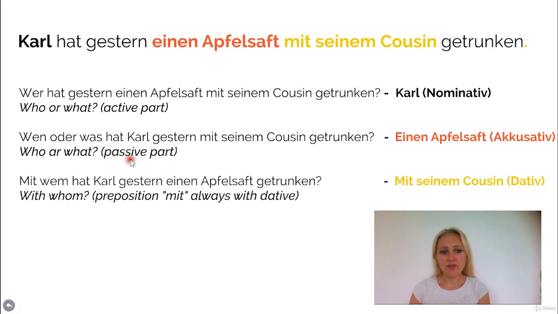It's about the passive part. We're asking about the object that he drank with his cousin. So trinken, whatever you drink, needs to be put in the accusative. So einen Apfelsaft, the Apfelsaft is here the accusative object. You also recognize it by the word einen. Einen is the indefinite masculine article in the accusative case.